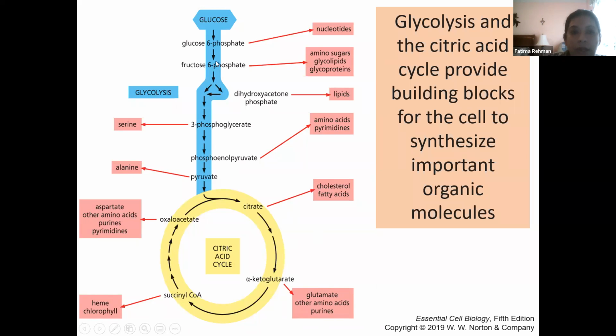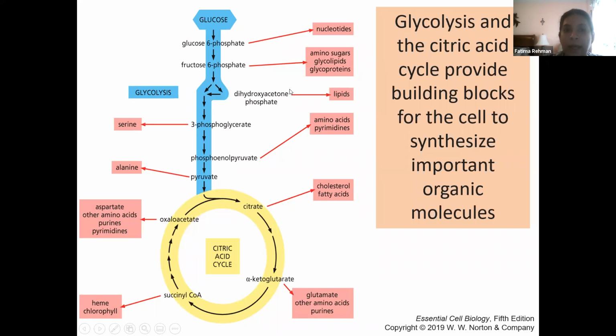Cool. So again, you don't need to know exactly what comes where, but you do need to know that different types of molecules are made that can act as building blocks for macromolecules within our body's metabolic pathways, and you should be able to give examples of a few of them.